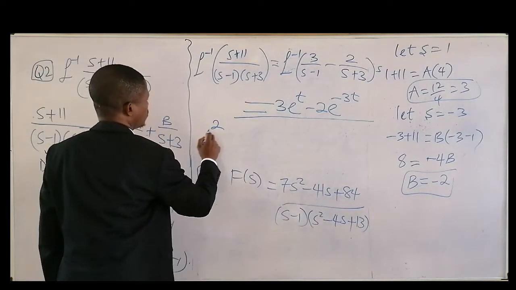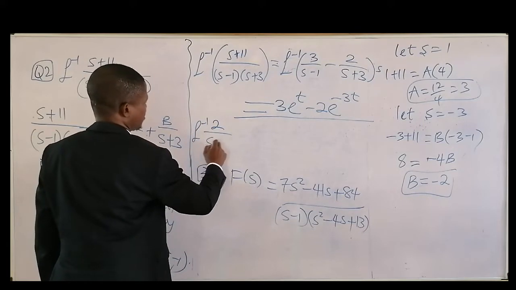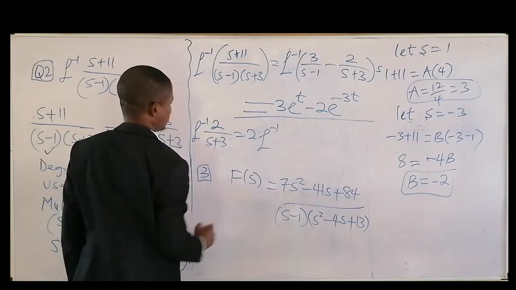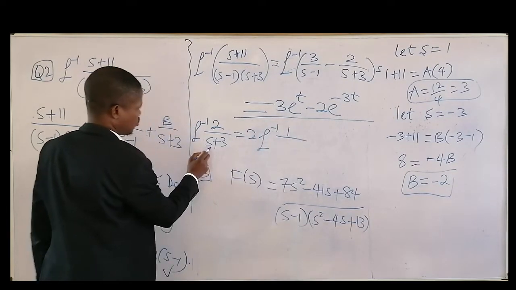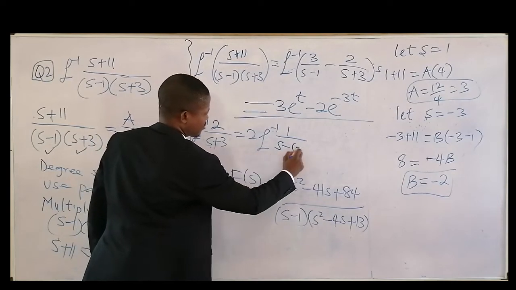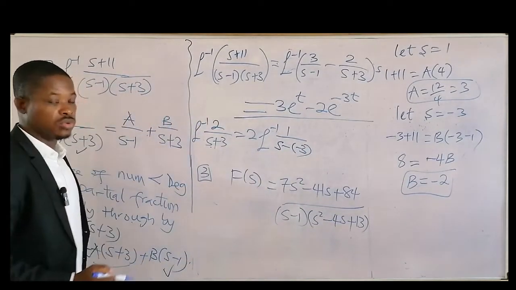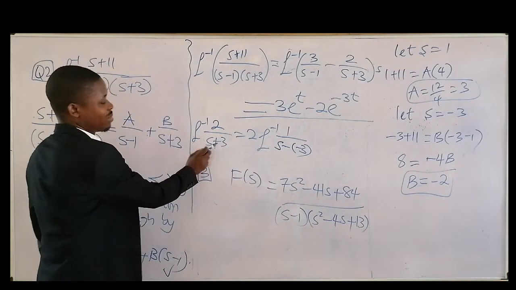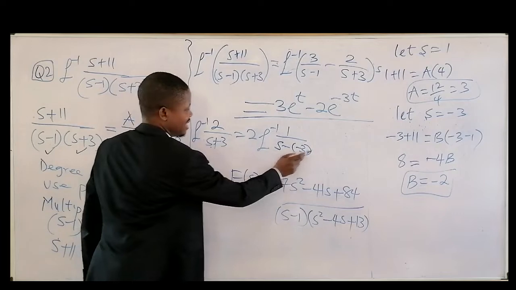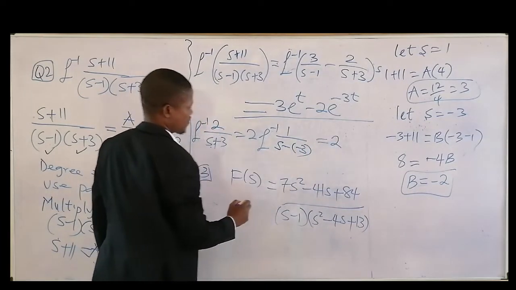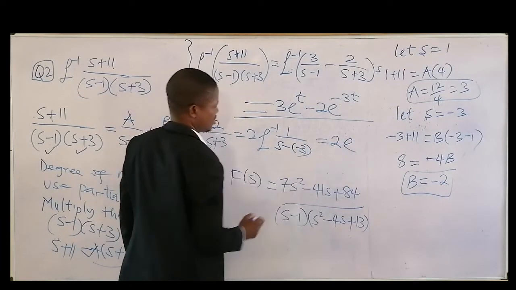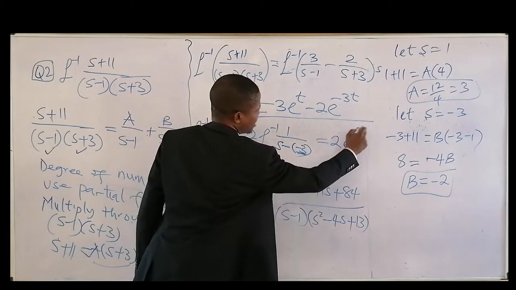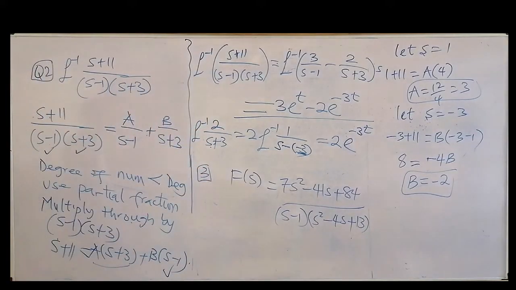Whenever you are having two inverse Laplace of this, you take your 2 outside, then you make this one minus 3, because the rule is a minus a, but you are having plus. So you break into 2 parts, then that will now give you what? 2 exponential. It must be minus, and then this is what? Minus 3. That's minus 3t. So that's just that on that.